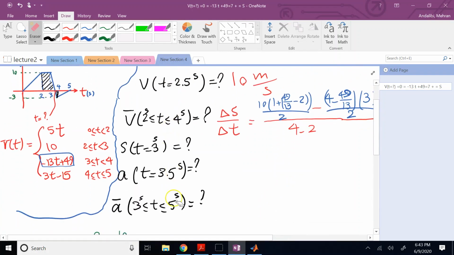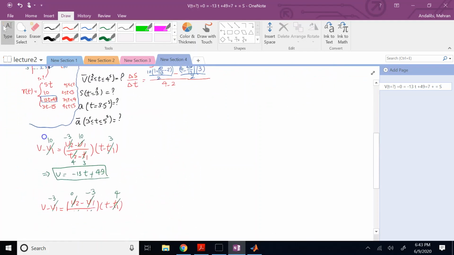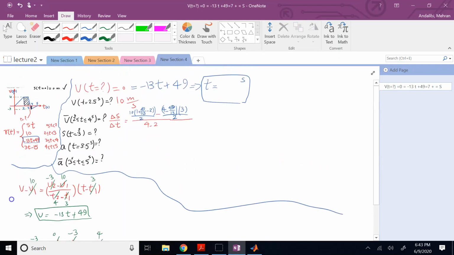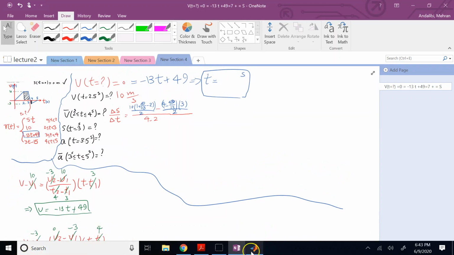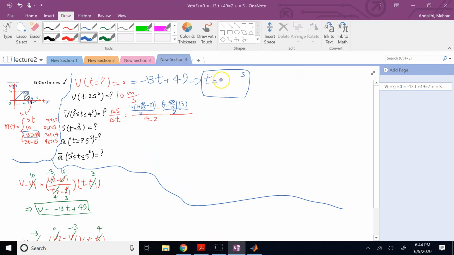And then we move forward and we calculate the rest of it. I just want to make sure that you can do this task without any problem. Okay, so 49 divided by 13. You need to wait a few more seconds. This is the new MATLAB I installed, so it takes a few seconds, but should be done fast. Okay, so this number was 3.77.